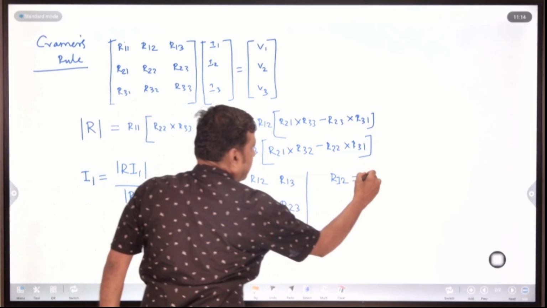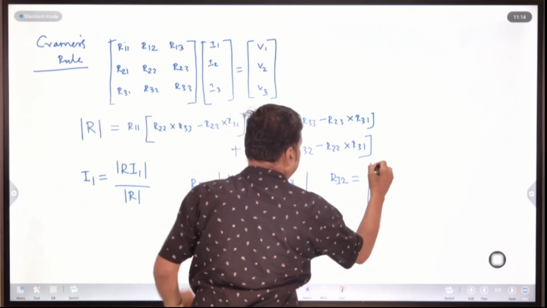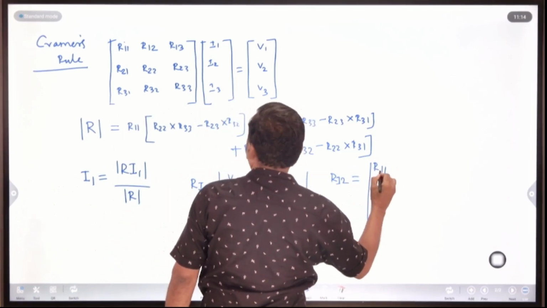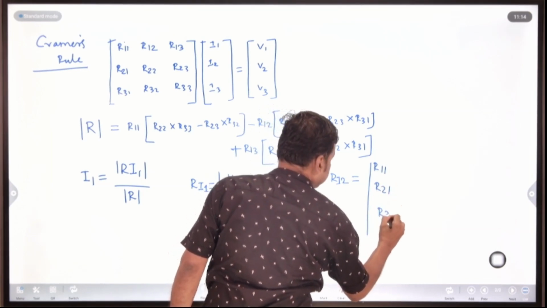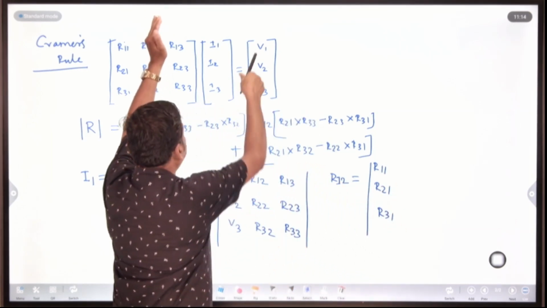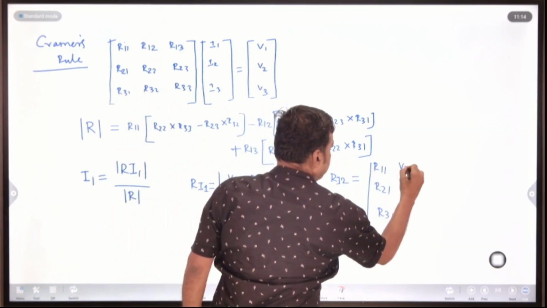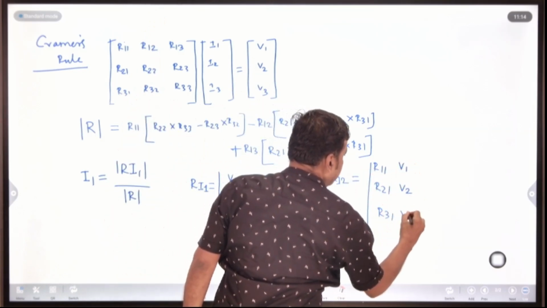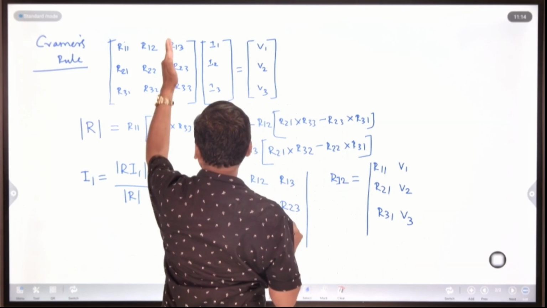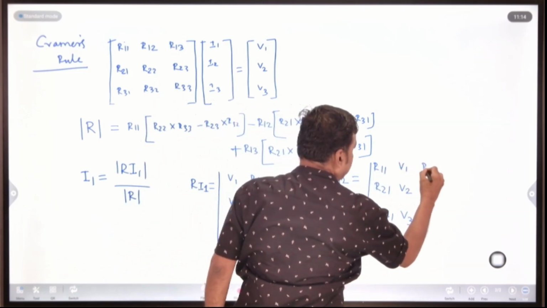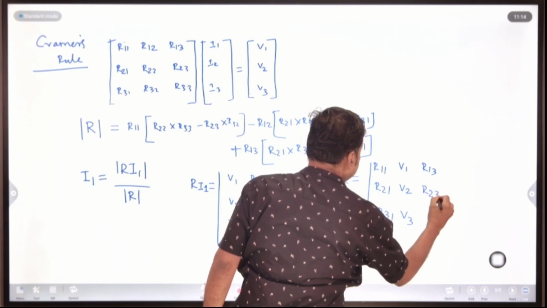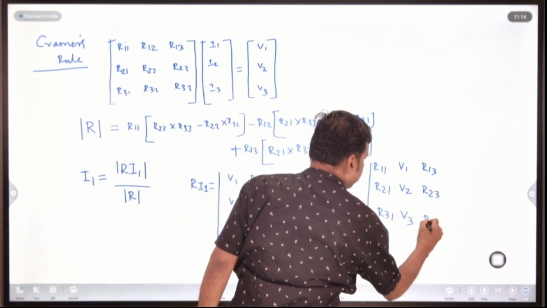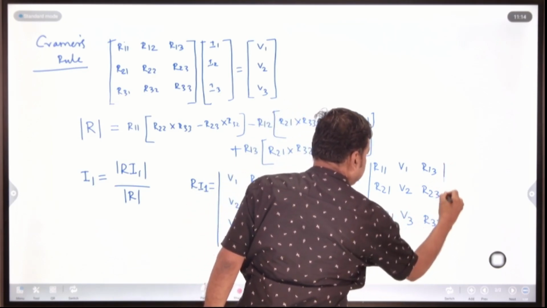First consider this column, that is your R11, R21, R31, then V1, V2, V3, then the remaining one is your R13, R23, R33, this column.